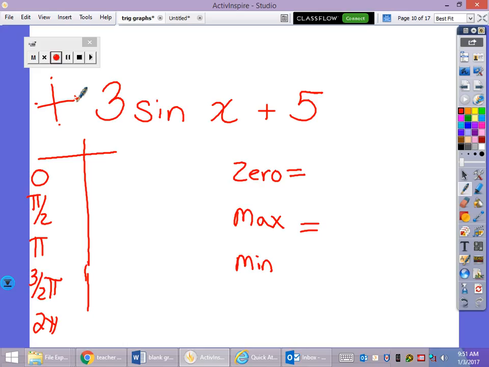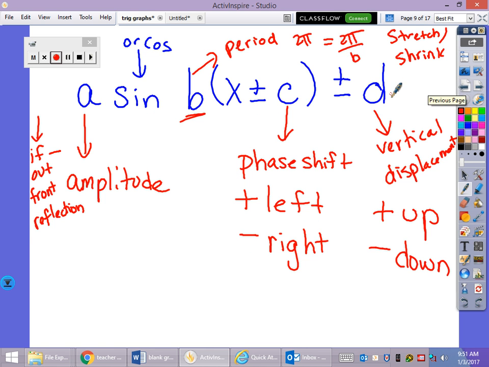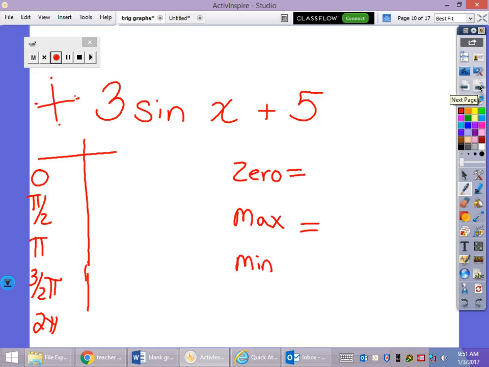Now, I forgot to mention something on the last screen. Go back. This also gives me my 0 line. So in this particular problem, what is my 0? 5. To get the max, I add the amp, so I do 5 plus 3 and get 8.